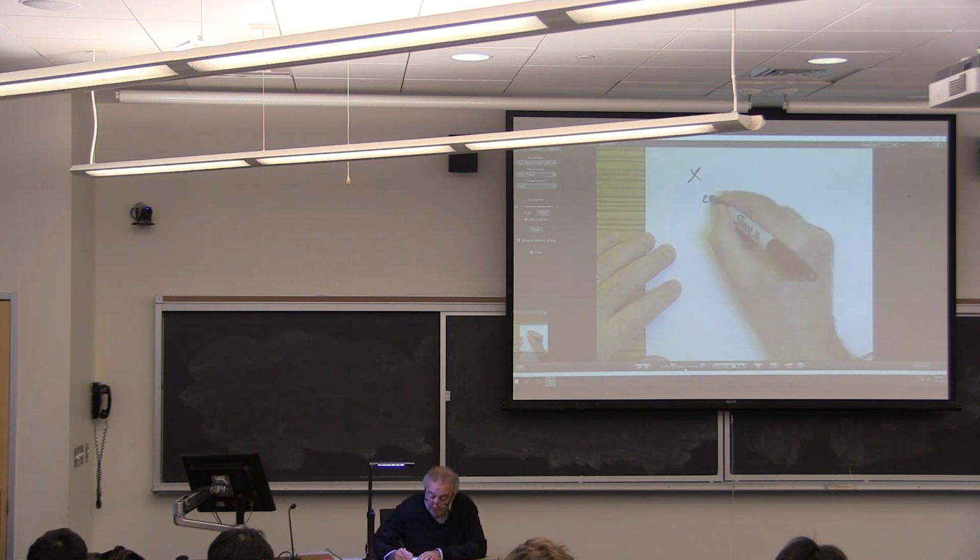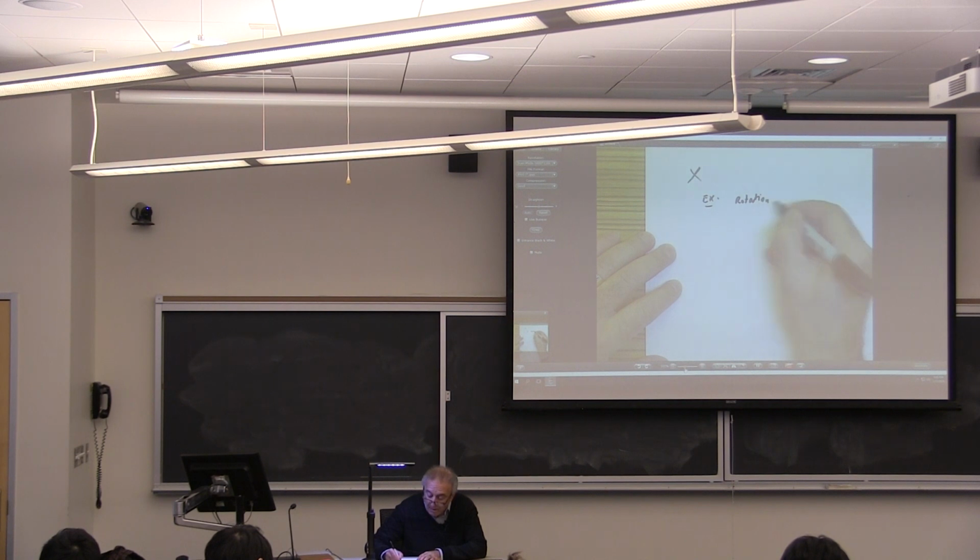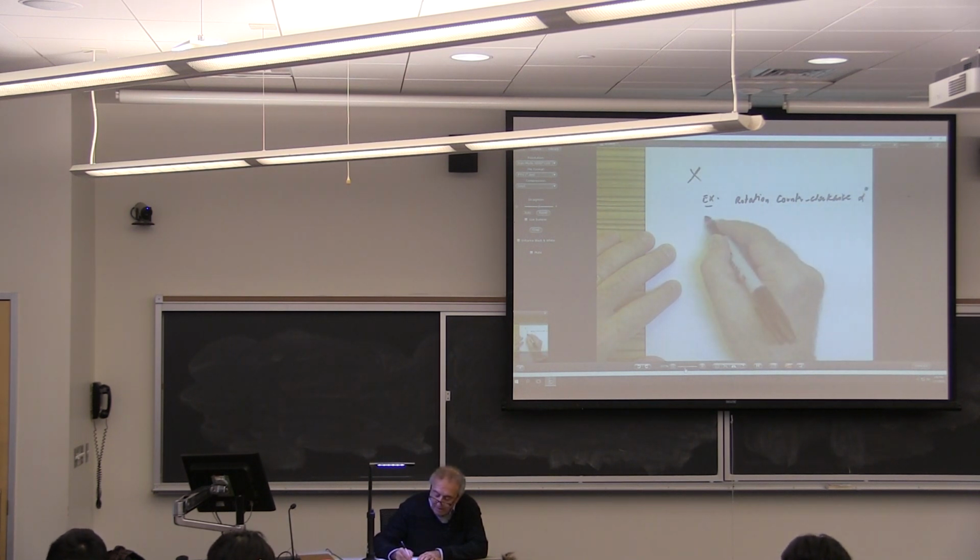This is another example that shows you rotation counterclockwise, let's say alpha degree, in a geometric plane around the origin.